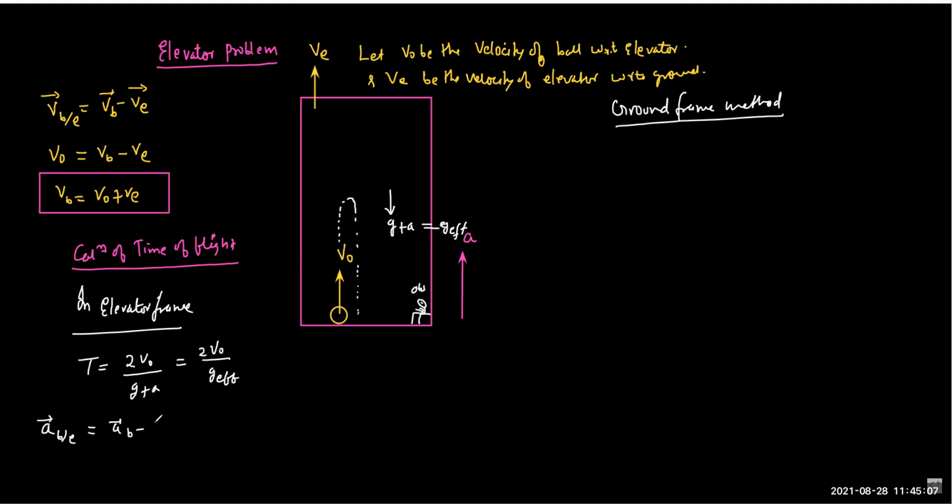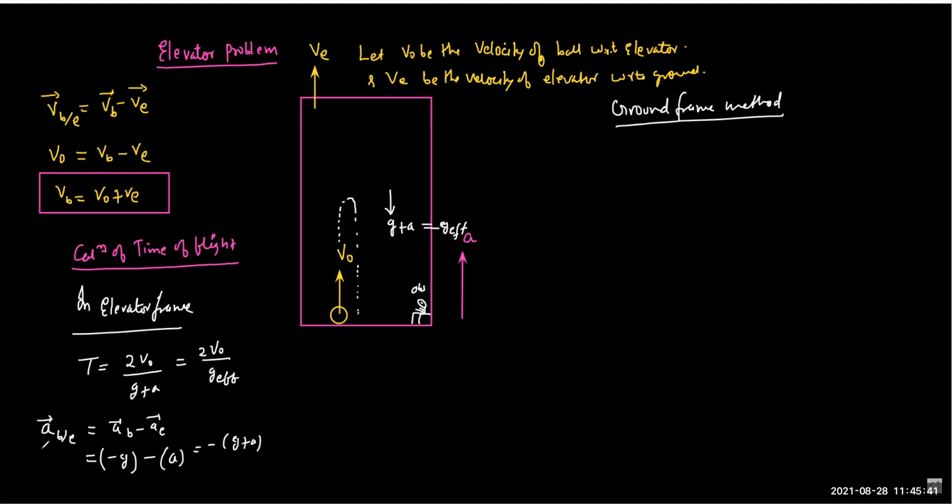Acceleration of the ball minus acceleration of the elevator. Now we are looking for the acceleration of the ball with respect to the elevator, but we know the two values. So what is the acceleration of the ball? Minus G. And what is the acceleration of the elevator? Plus A. So it turns out to be minus G plus A, which means it's downward. I'm not using the j cap notation.